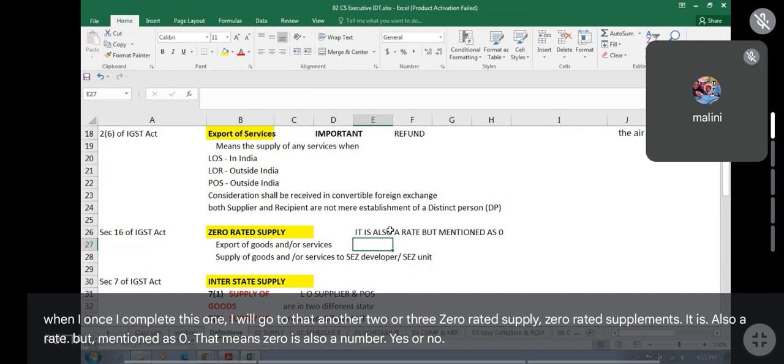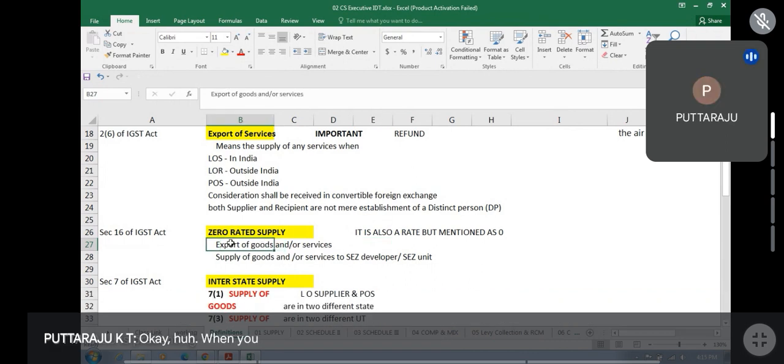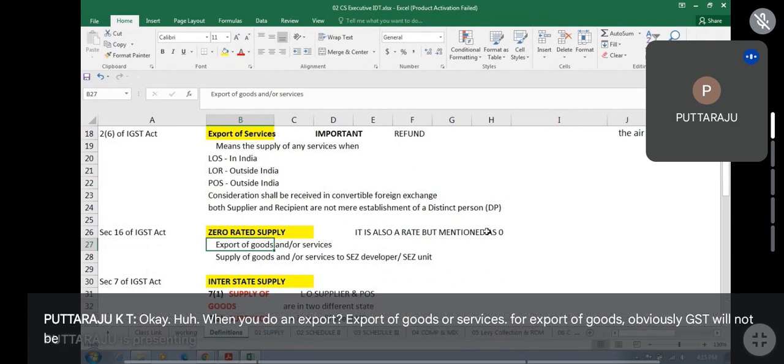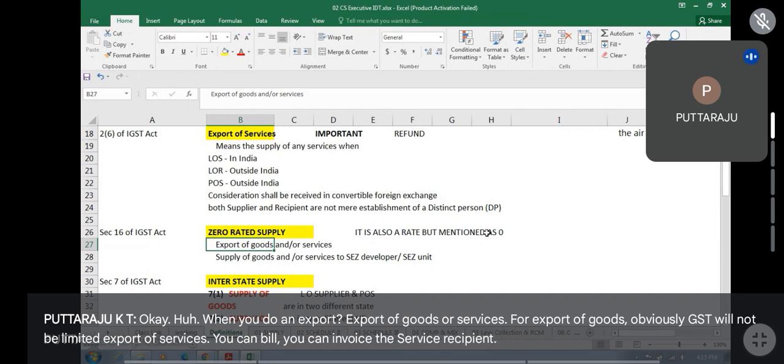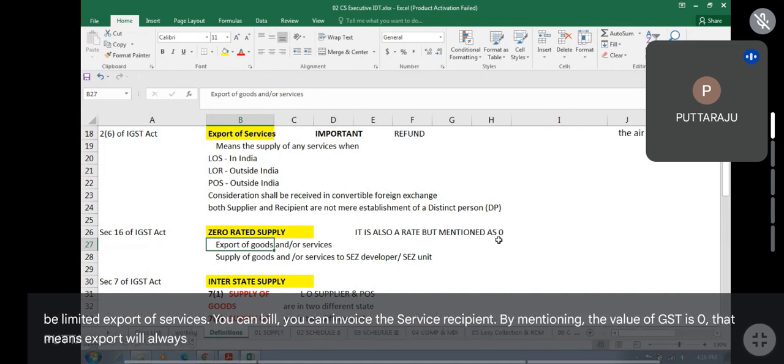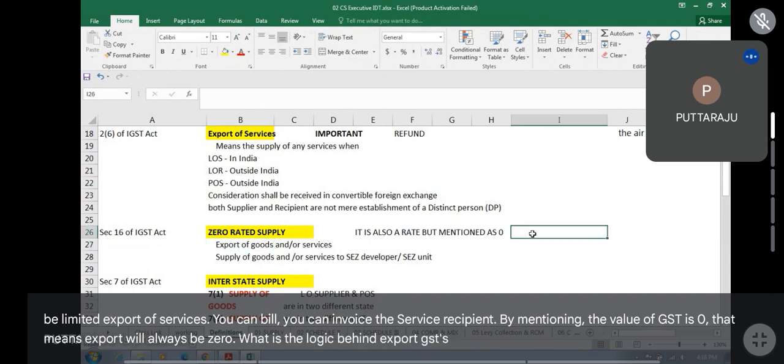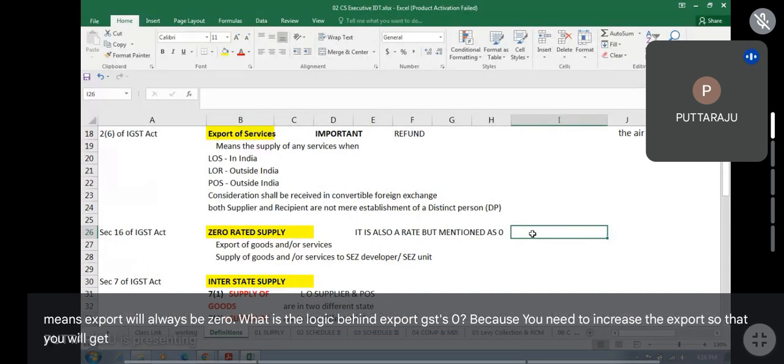Yes, sir. Okay. When you do an export of goods or services, for export of goods, obviously GST will not be levied. For export of services, you can invoice the service recipient by mentioning the value of GST as zero. That means export will always be zero. What is the logic behind export GST being zero? Because you need to increase exports so that you will get foreign exchange, no?